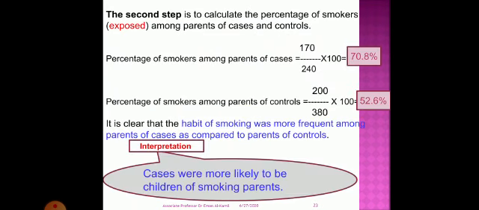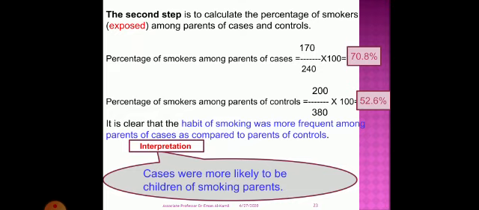The second step is to calculate the percentage distribution of smoking among the parents of the cases, and the percentage of smoking among the children whose parents are not smoking. So 170, which is A, divided by A and C, multiplied by 100, gives nearly 71% of the cases whose parents are smokers.